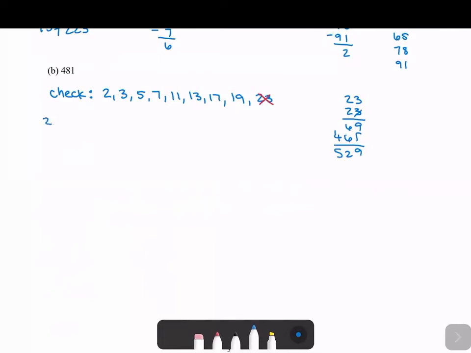So 2 divides 481. So I'm just going to do these as we go along.